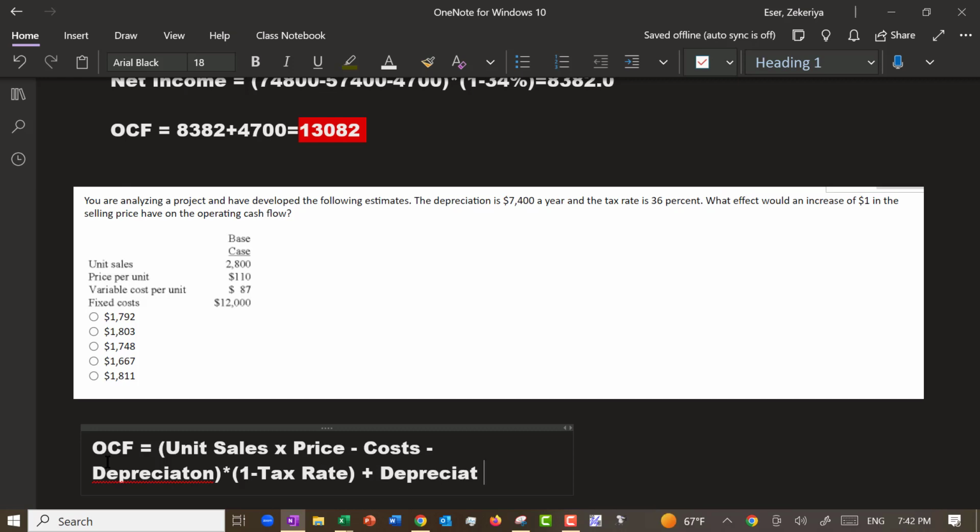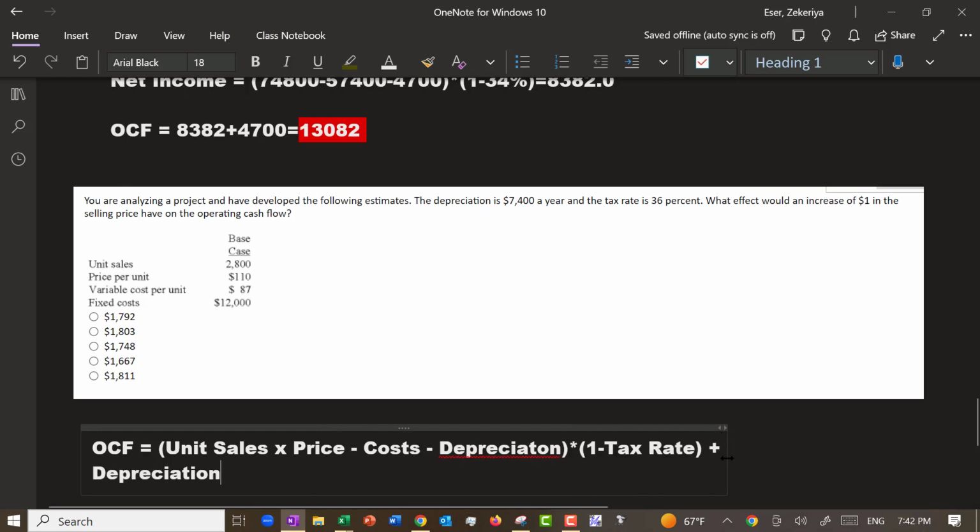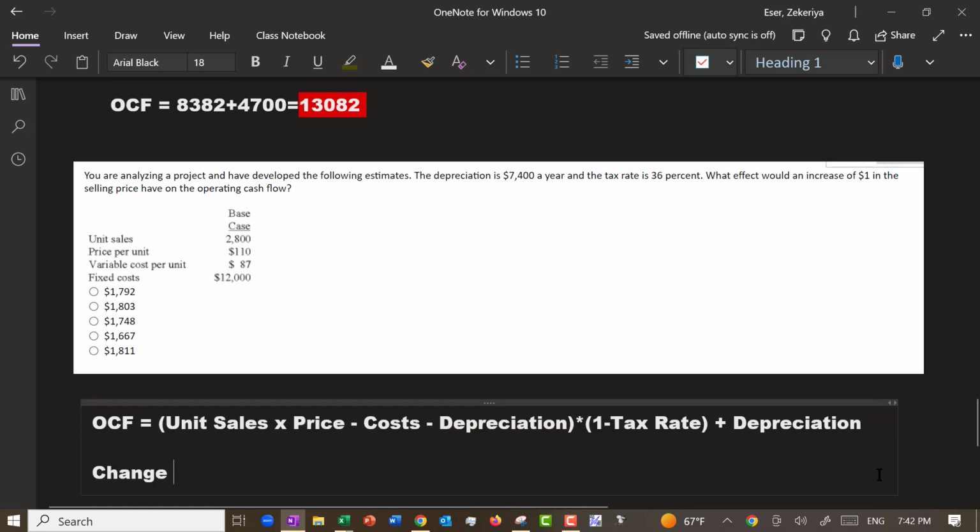Hence, change in OCF. Only the price is changing, right? That's changing by 1. These don't change, so they're not affected. So the whole thing is going to be unit sales times 1 minus tax rate.